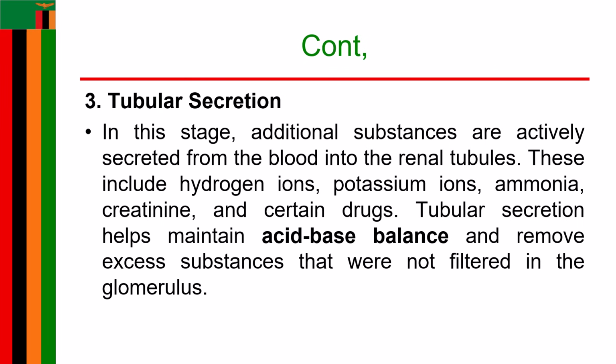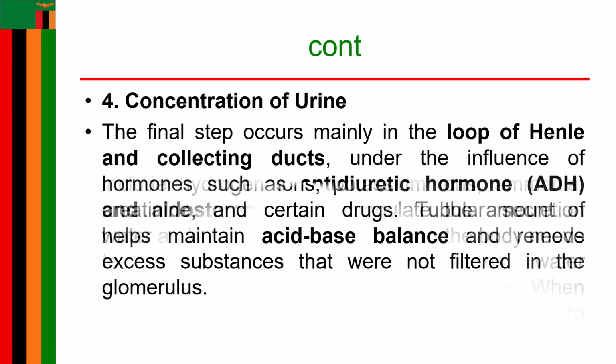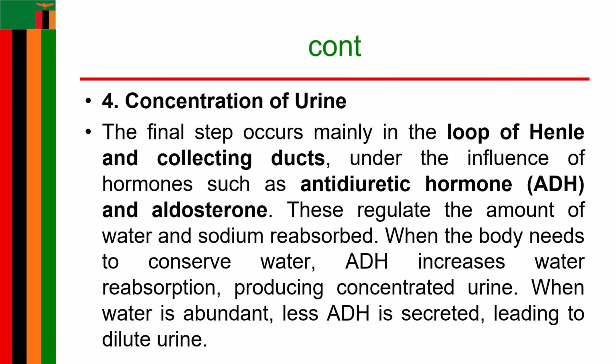And from tubular secretion, the last phase is the concentration of urine, or formation of urine in other words. So the final step is that the filtrate will now move through the loop of Henle and the collecting ducts under the influence of the hormones, which are the antidiuretic hormone and aldosterone.